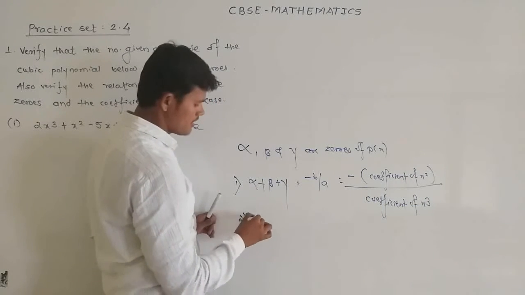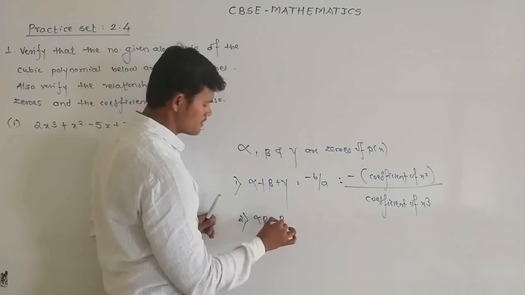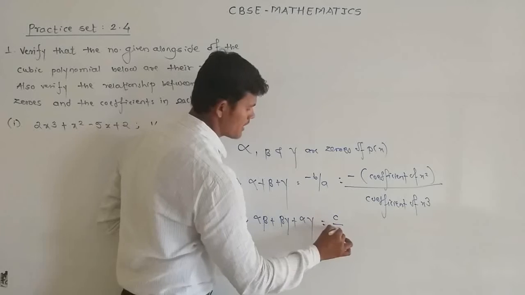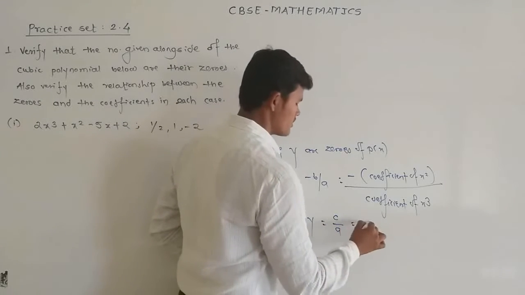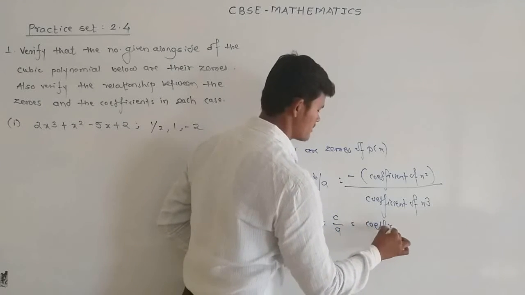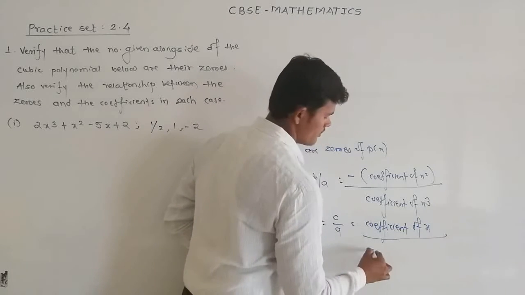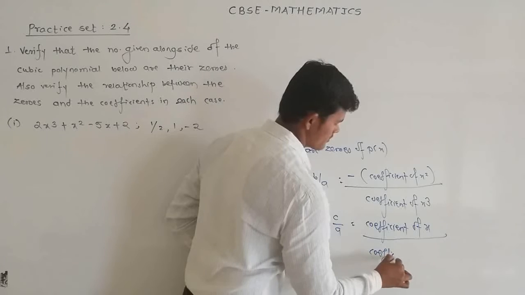The second one is alpha into beta plus beta into gamma plus alpha into gamma is nothing but c by a. C means coefficient of x divided by coefficient of x cube.